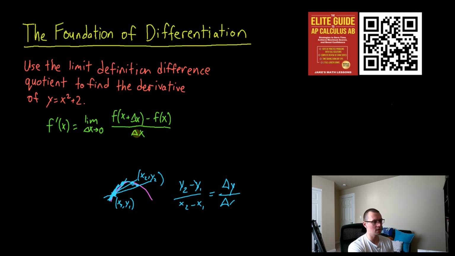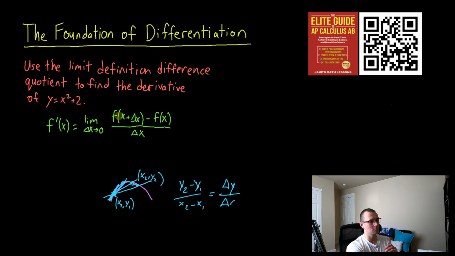And then same idea here. On the denominator, delta x essentially represents x2 minus x1. Like this whole denominator here is the delta x. So as those 2 points are getting closer and closer to each other, the horizontal distance is getting closer and closer to 0. So this basically is just a fraction which represents rise over run, the slope between 2 points as those 2 points move closer and closer to each other.